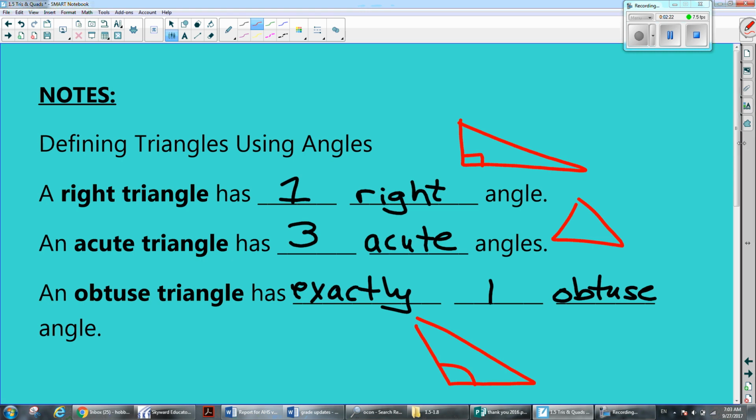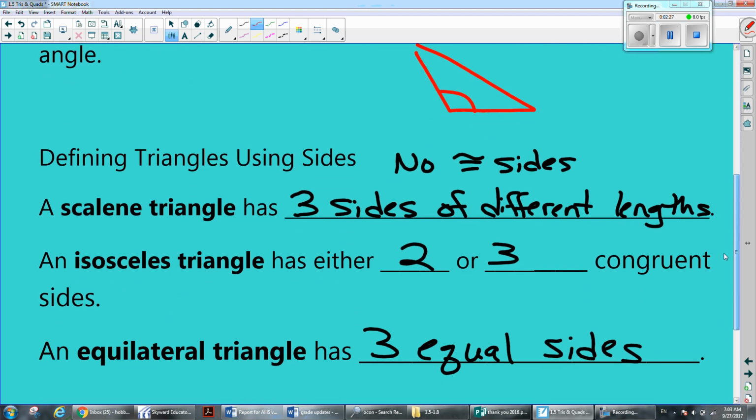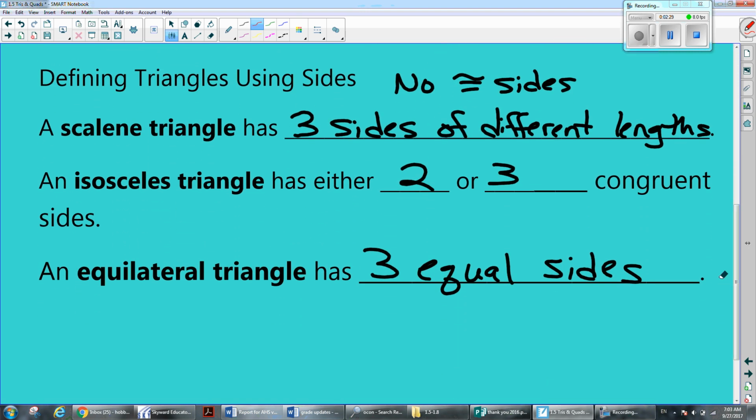Okay, so we can also talk about triangles instead of their angles by their side lengths. So a scalene triangle has three sides of different lengths. An isosceles triangle has either two or three congruent sides, and an equilateral triangle has three equal sides.